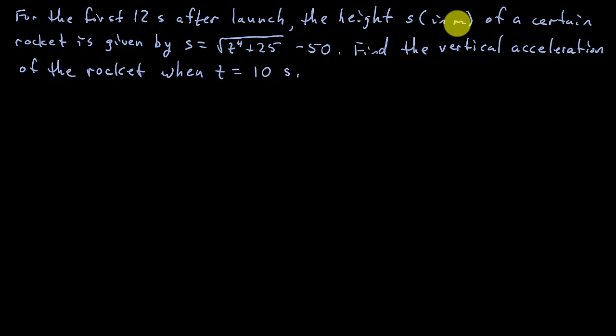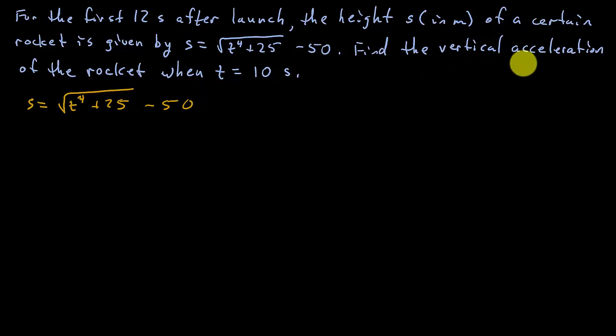Find the vertical acceleration of the rocket when t equals 10 seconds. All right, so let's go ahead and write this down. So I've got s is equal to the square root of t to the fourth plus 25 minus 50.